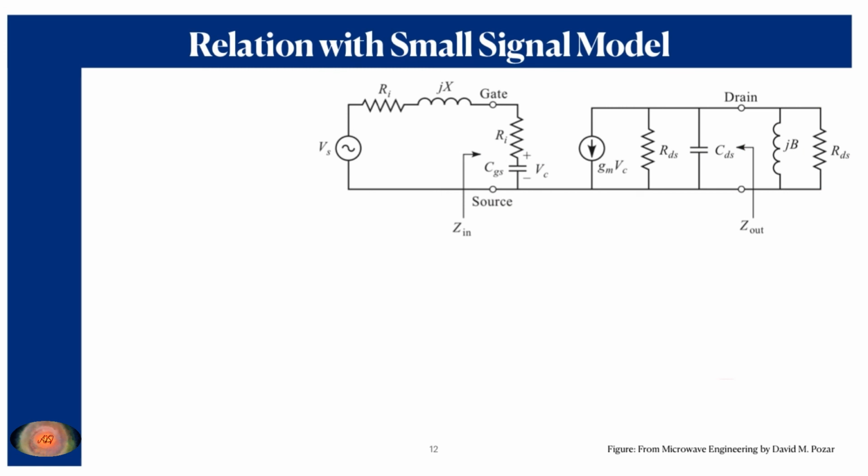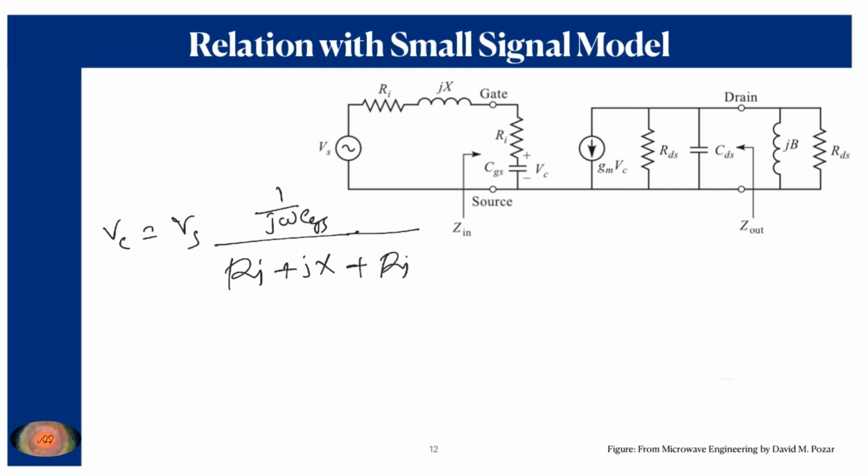Now, this Vc can be obtained as Vs times 1 over j omega CGS divided by Ri plus jX plus Ri plus 1 over j omega CGS. This is the Vs, but as we know, this X has equal magnitude to this part but opposite in phase, so these two will be cancelled out.